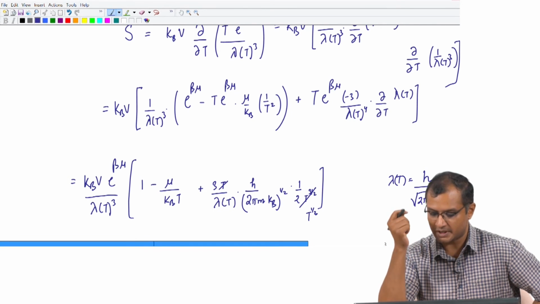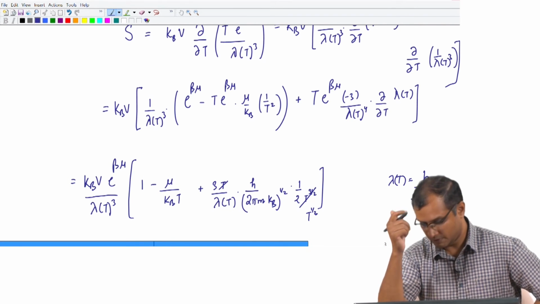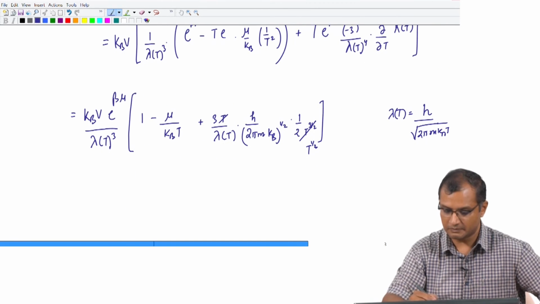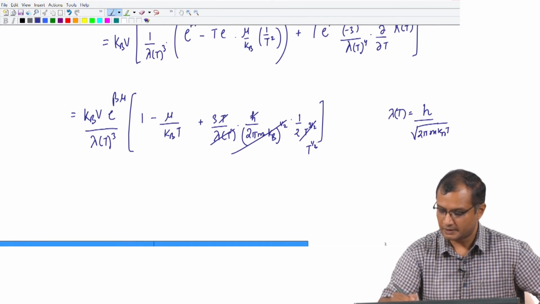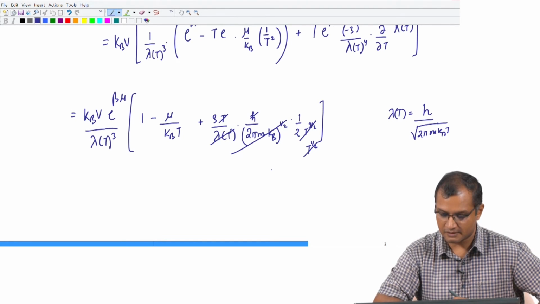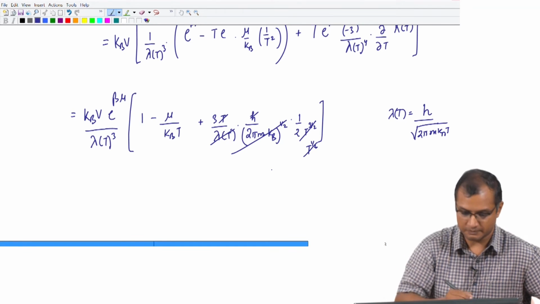and that would be nothing but just a lambda T in the numerator. So, that will cancel off with this term, okay. And what I will have is just 3 by 2 in the second term.